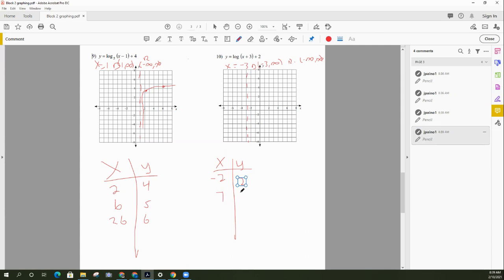So when I plug in 7, I'll get 3. And after that, 10 squared is 100, right? 100 minus 3 is 97. So clearly that is going to be off the graph. All right, so -2, 2, and 7, 3. And that's all that's going to fit on the graph. And there you go.